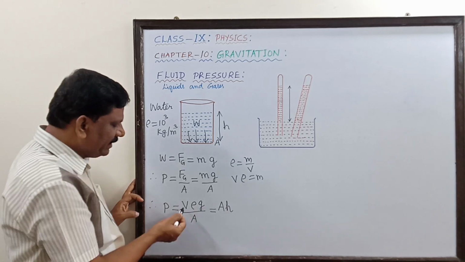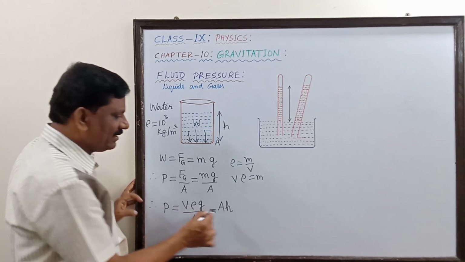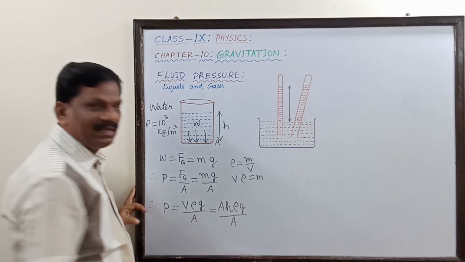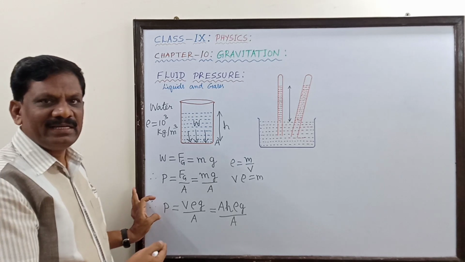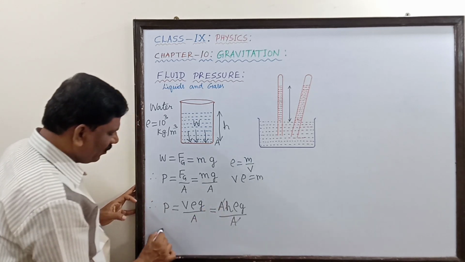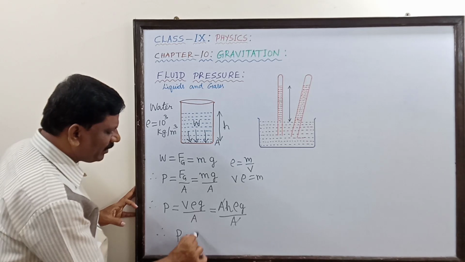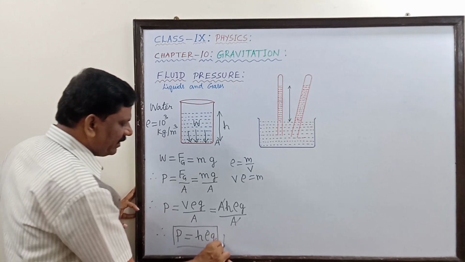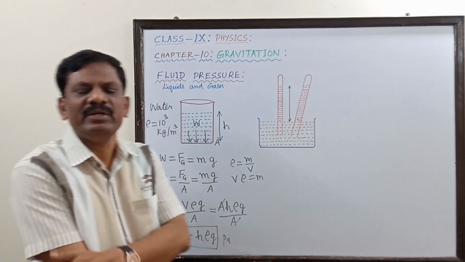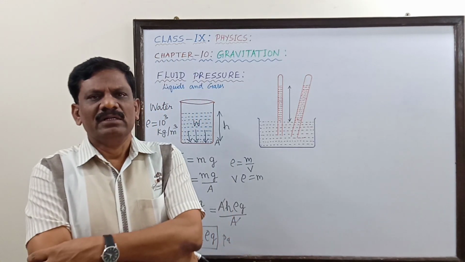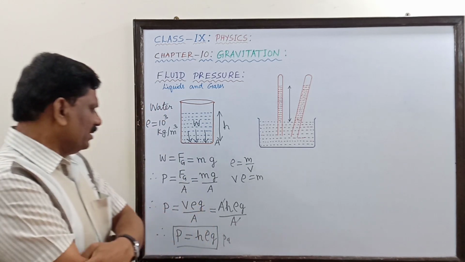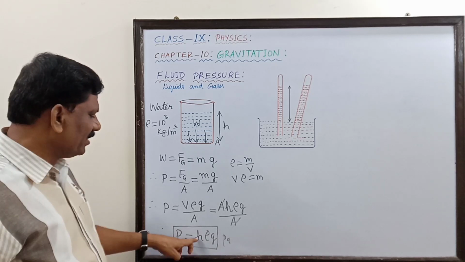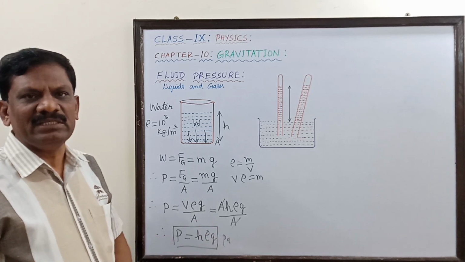Area into height is equal to volume. The remaining two factors are rho into g, divided by the area. Can you see that the area term is getting cancelled? Therefore, the liquid pressure is given by the expression h into rho into g. Pascal is the unit. The pressure exerted by the liquid or any fluid is given by the same expression only, h rho g.